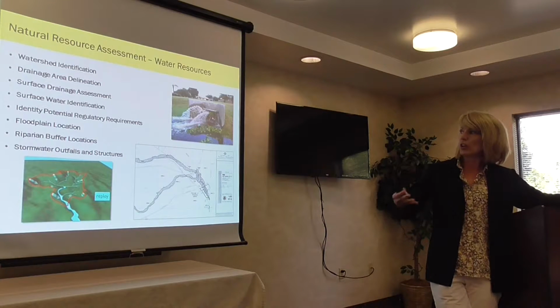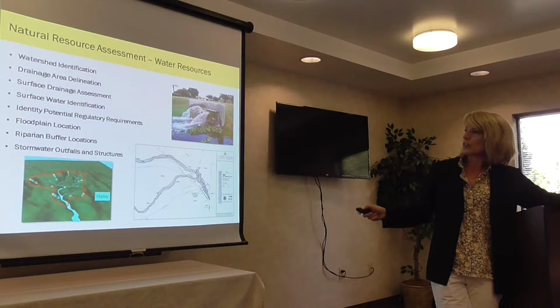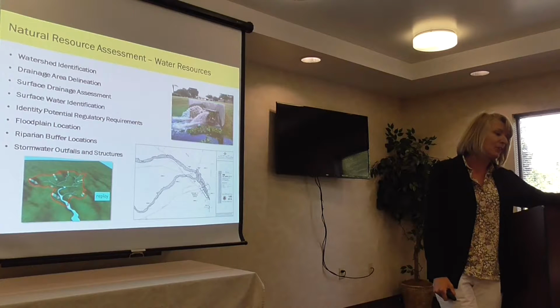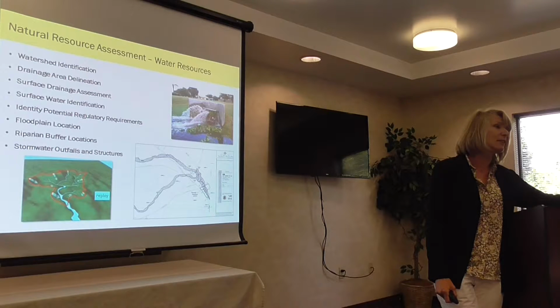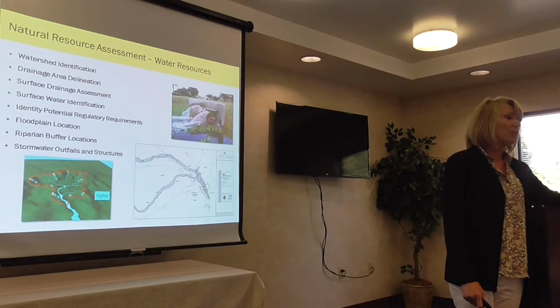So really looking at those regulatory compliance issues, and then that goes into floodplains, 100-year floodplains and floodways. They have two very different levels of compliance needs. Floodways, really, you need to stay out of as much as possible.